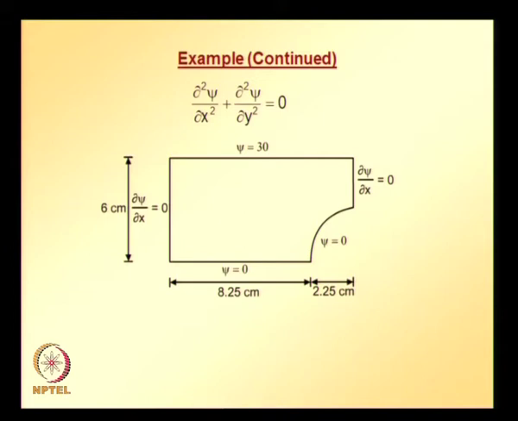So, these are the essential boundary conditions. We need to impose these essential boundary conditions on the nodes which are along these boundaries. Once we impose these, we can solve for the nodal values and do all kinds of post processing.